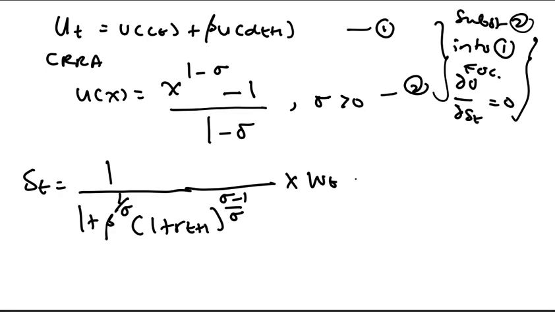When you simplify it, this is actually the saving function as a function of the interest rate. Saving rate as a function of the interest rate multiplied by the wage rate.